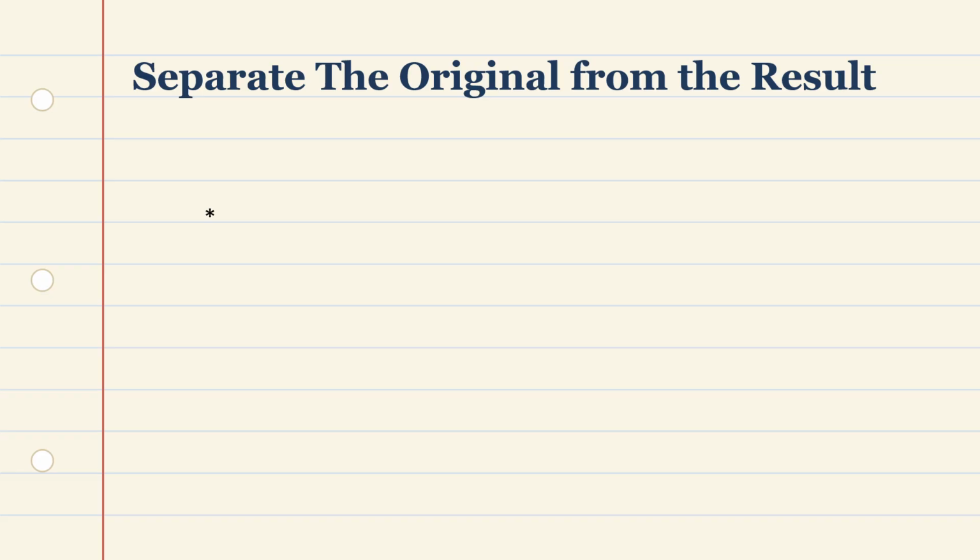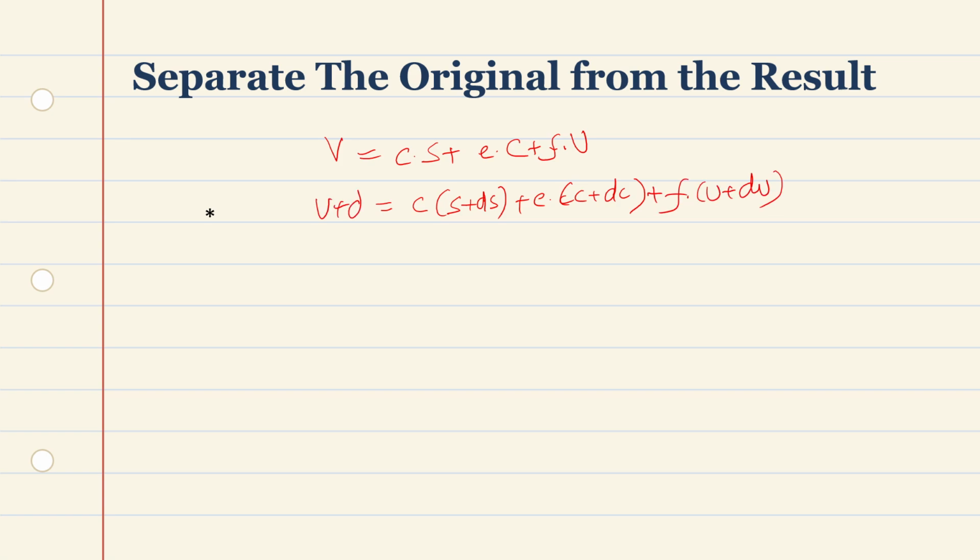Now, since the model is responding to the change, let's see what this change looks like. So again, our model was V equals shares, comments, and subscribers, and we changed each by a little: S plus dS, C plus dC, and then the number of subscribers changed by dU, and that becomes V plus dV.